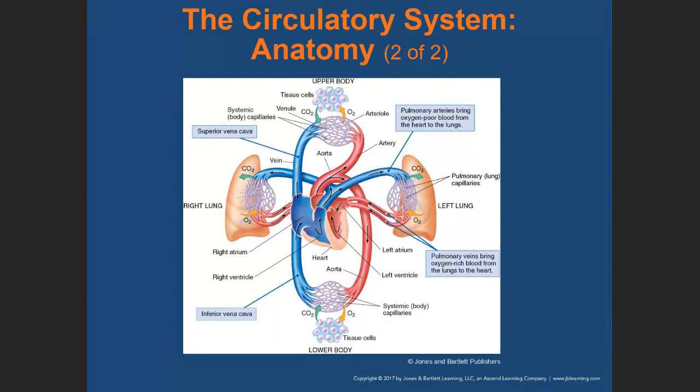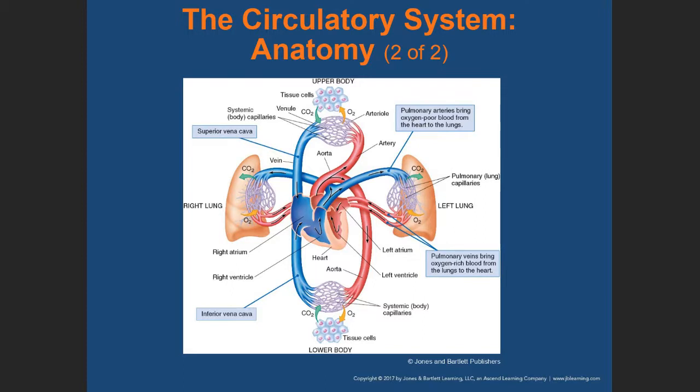Try right, my or by left. That's how I remember it. So the tricuspid valve is on the right side of the heart. The mitral or bicuspid is on the left side of the heart. And the purpose of these valves is to prevent backflow.